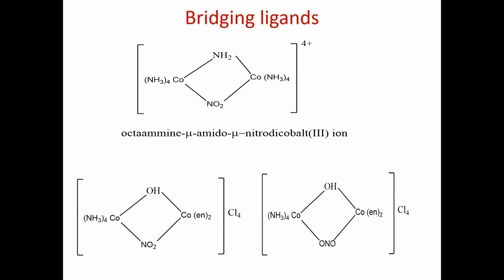Sorry, amido is not neutral. Amido is -1, NH2 is not neutral. So if it is like that, it won't be 3 any longer; we'll be having 2. So calculate now.